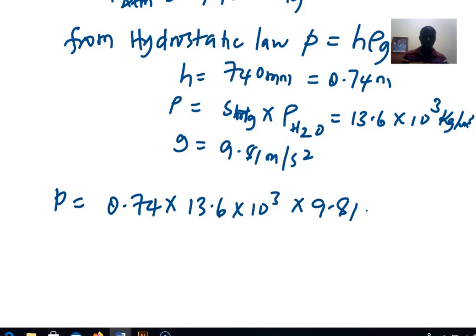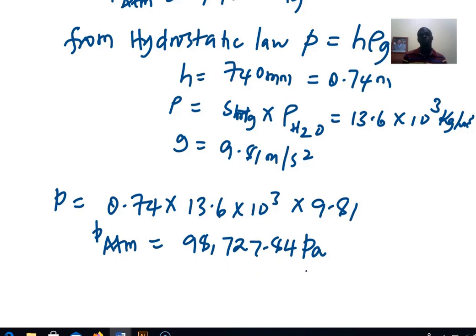So this pressure, P atmospheric, is equal to 7.84, and this is in pascals.